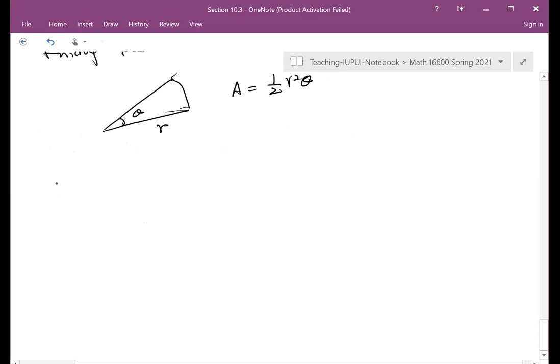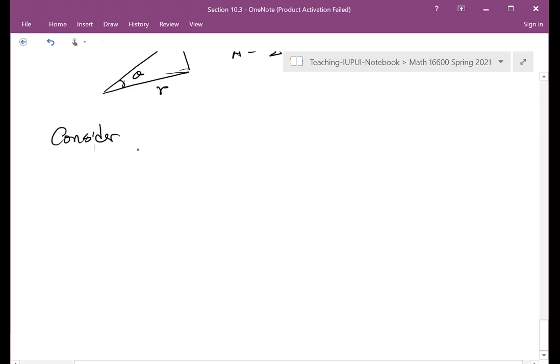So now consider the region enclosed by r less than or equal to r2 of theta, greater than r1 of theta, where theta is between alpha and beta. How do I draw this graph? It's going to be like that.